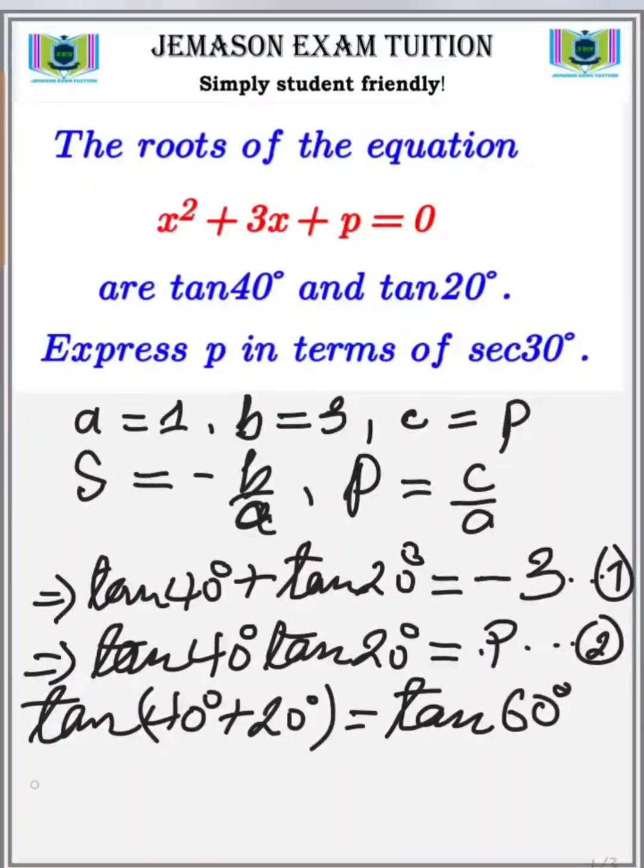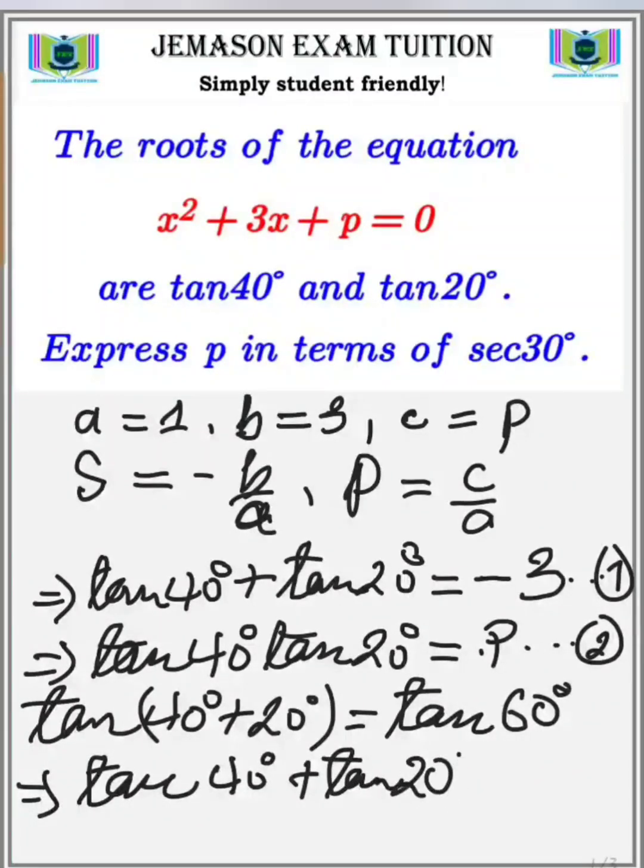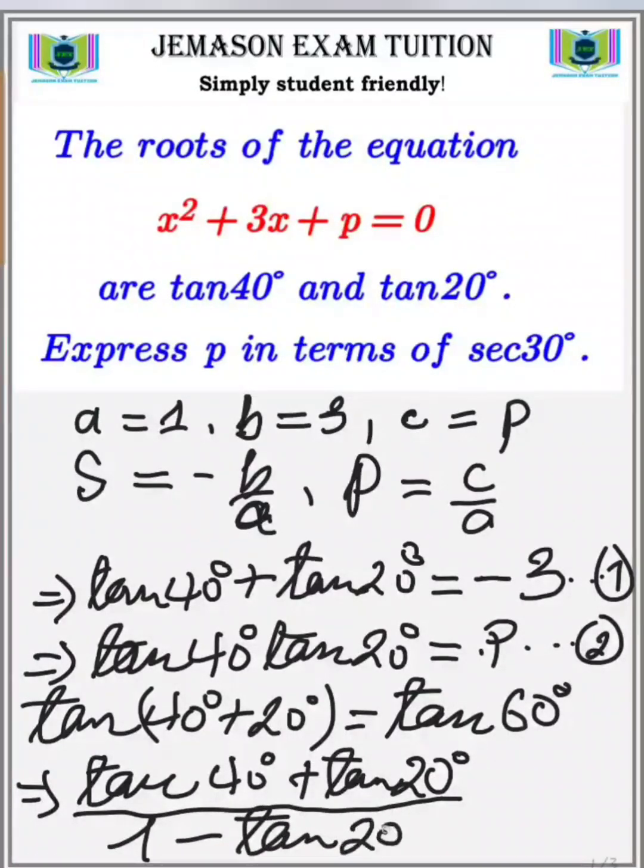So we can say that using the trigonometric identity for tan of 40 plus 20, we have tan 40 degrees plus tan 20 degrees all over 1 minus tan 20 degrees tan 40 degrees, and that is equal to tan 60.